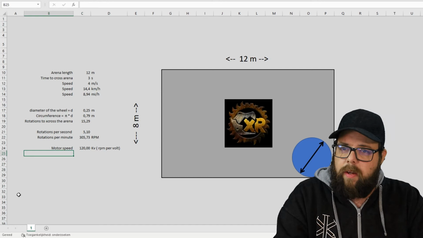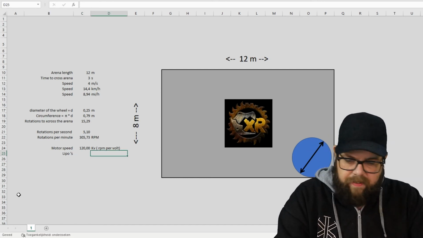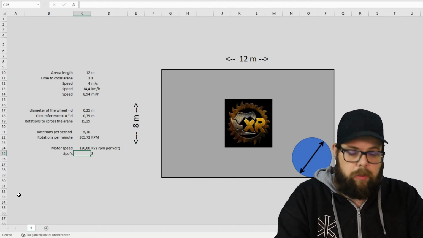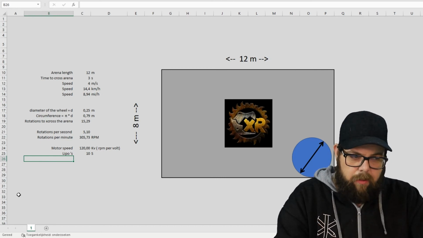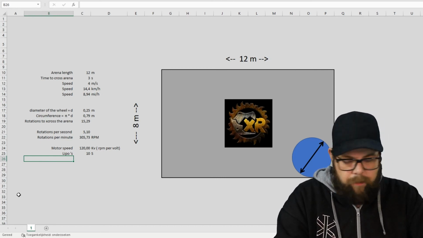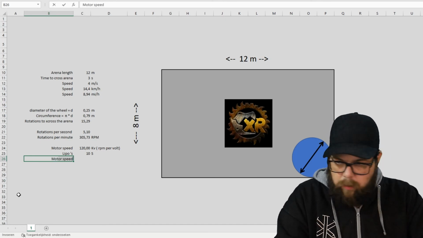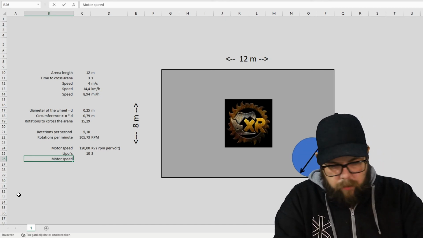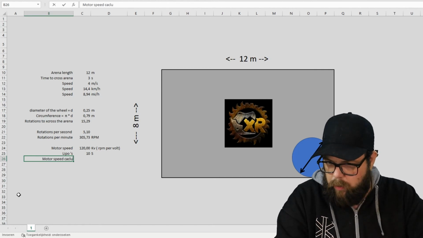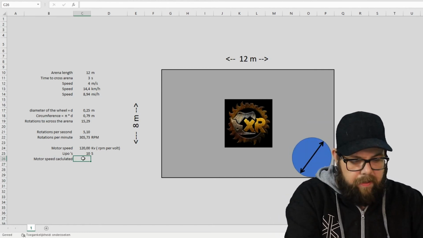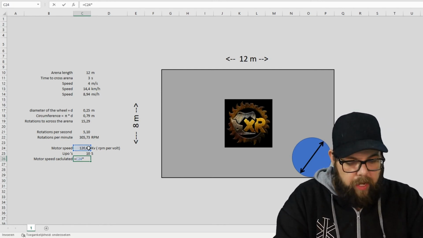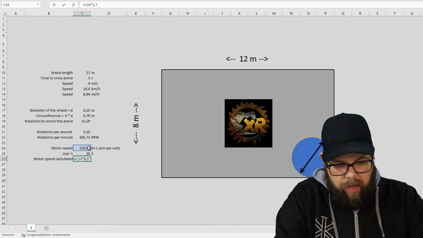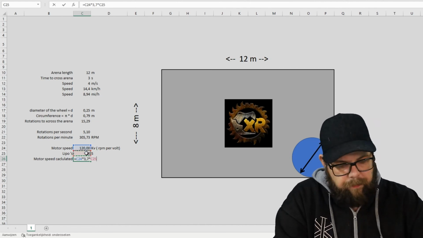And we also have lipos in Petunia. Lipo, they say S. So with lipos we use a total of 10S in the robot. So to calculate what the speed of the motor is, we take the kV, multiply it by the voltage per cell, and a lipo range varies, but the average is 3.7, and multiply that by the cell count.